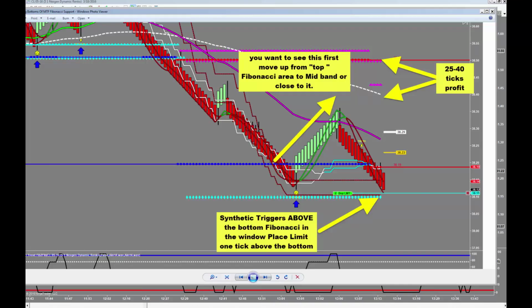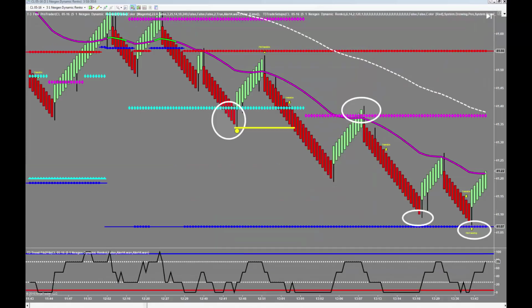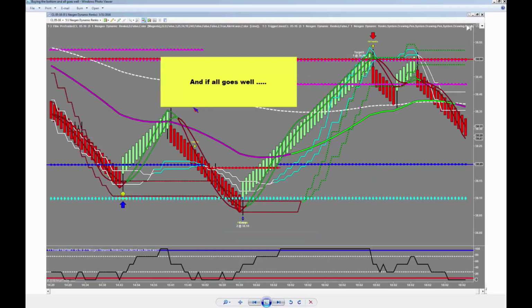And then here was the after of that one. Right, and I even wrote on there, if all goes well, that's what we're looking for. It only takes one or two of those bad boys a day to add 30, 40, 50 ticks to the bottom line.